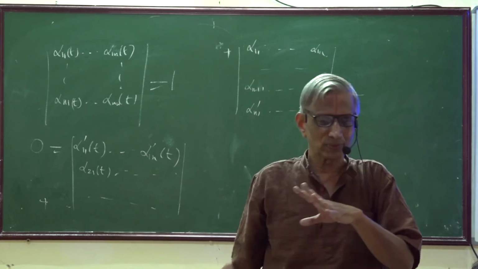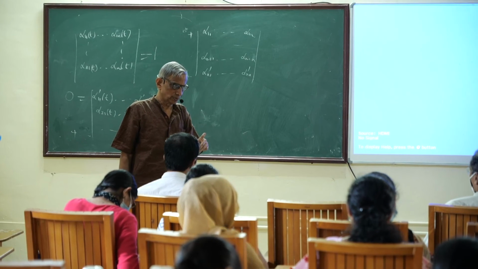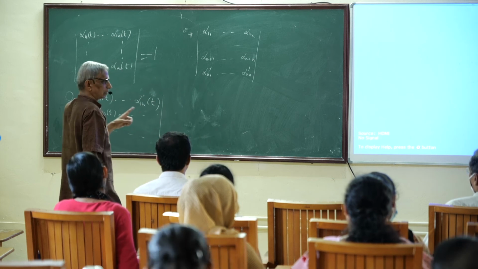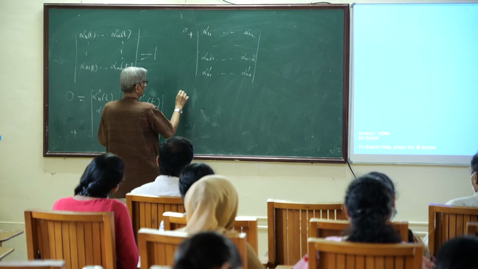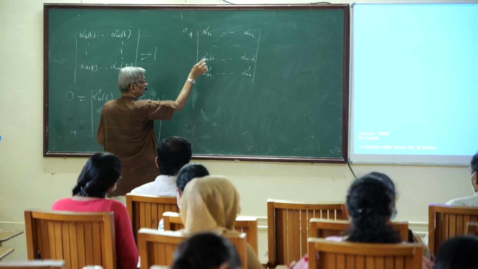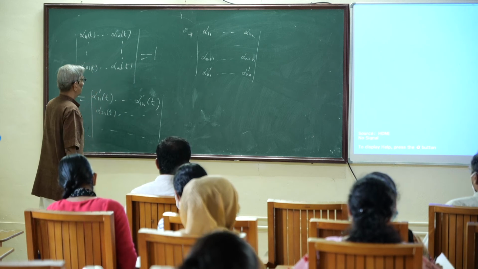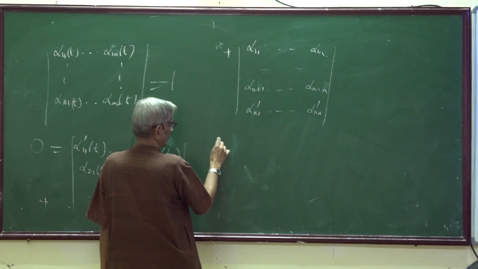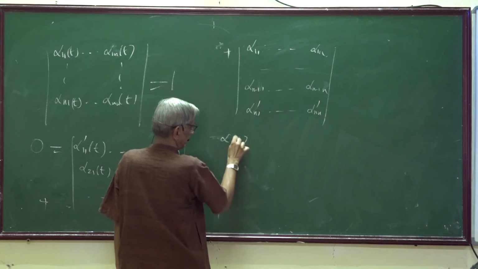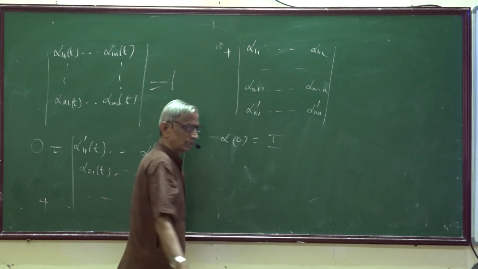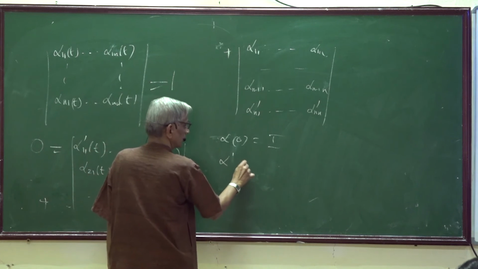Of course, now instead of looking at one determinant, we have to calculate n determinants. But to simplify things, we calculate it at alpha equal to 0. Right? We want only the tangent vector at the identity. So evaluate at 0. So alpha 0 is I. You want to see what alpha prime 0 is.